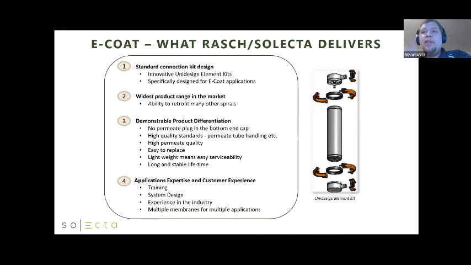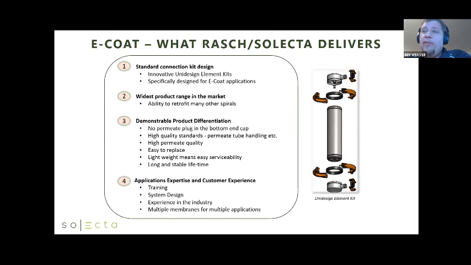On the right is the unit design, which I talked about a number of times. It's the element and housing in one, where you just attach the end caps to the rack. It makes replacing elements very easy, with a very low footprint requirement. These are specifically designed for ecoat applications.